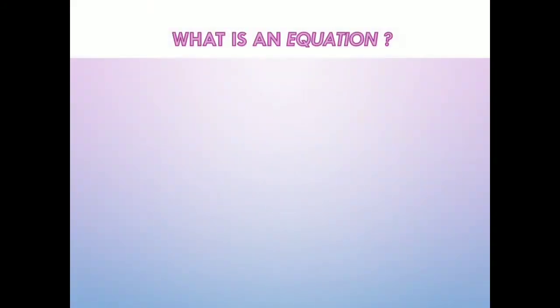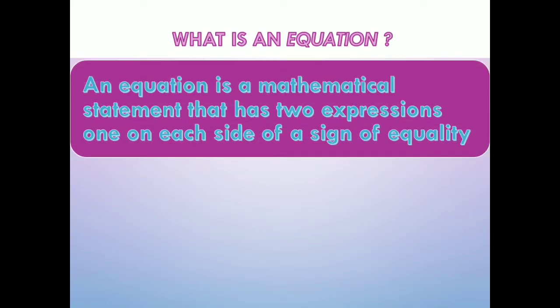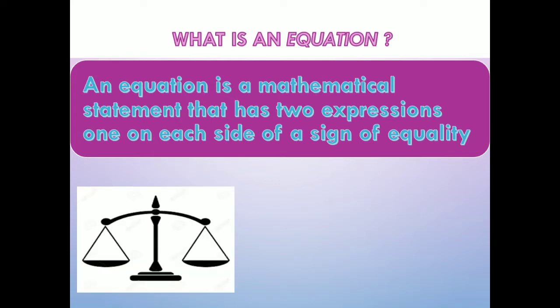Now let us start from what is an equation. An equation is a mathematical statement that has two expressions, one on each side of a sign of equality. That means a statement where two expressions are separated by the sign of equality. Just like a balance.